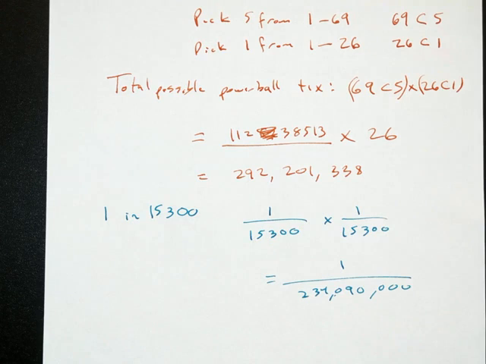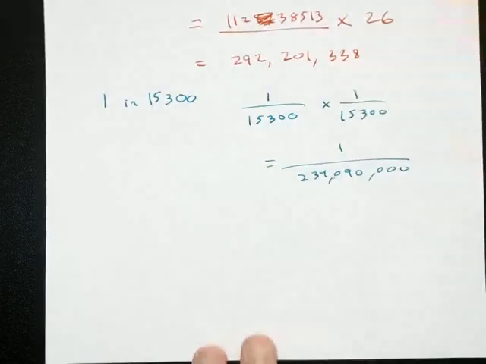Which means if you buy one Powerball ticket, your chance of winning the Powerball is less than your chance of getting struck by lightning twice. Lottery is a tax on people who are bad at math. You are more likely to be struck by lightning twice in your lifetime than you are to win the Powerball. That's nuts.